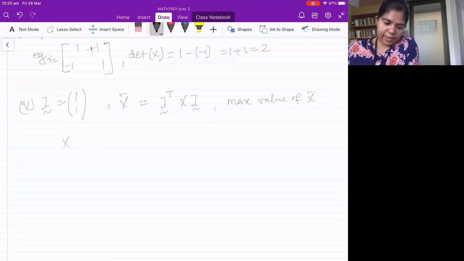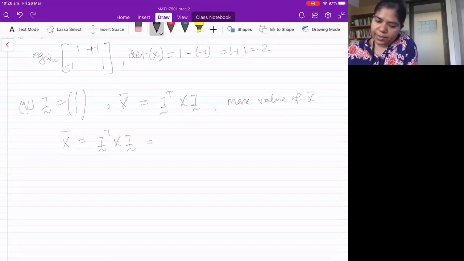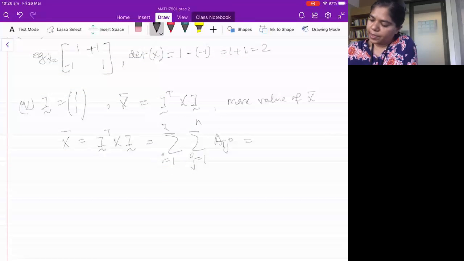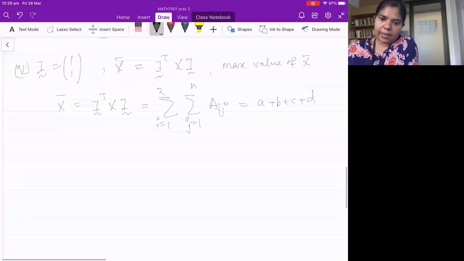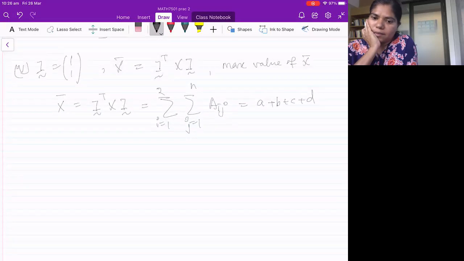If X bar is equal to 1, then we have, this is really a double sum, which should be given by the sum of the elements: A plus B plus C plus D. Right?